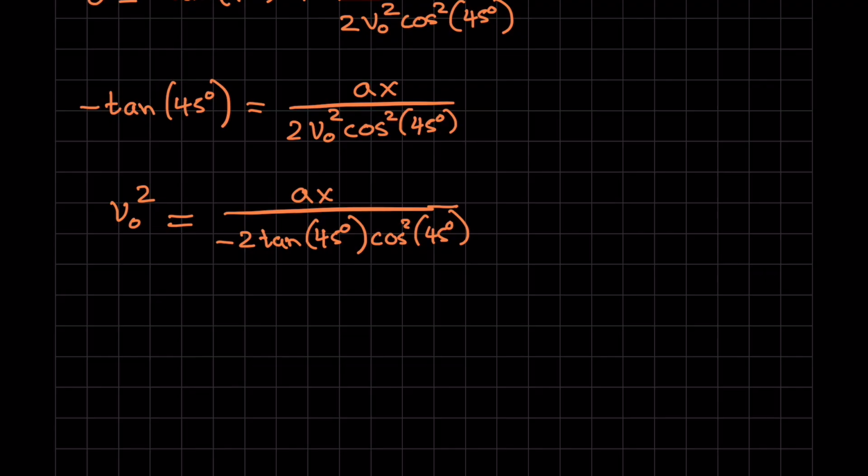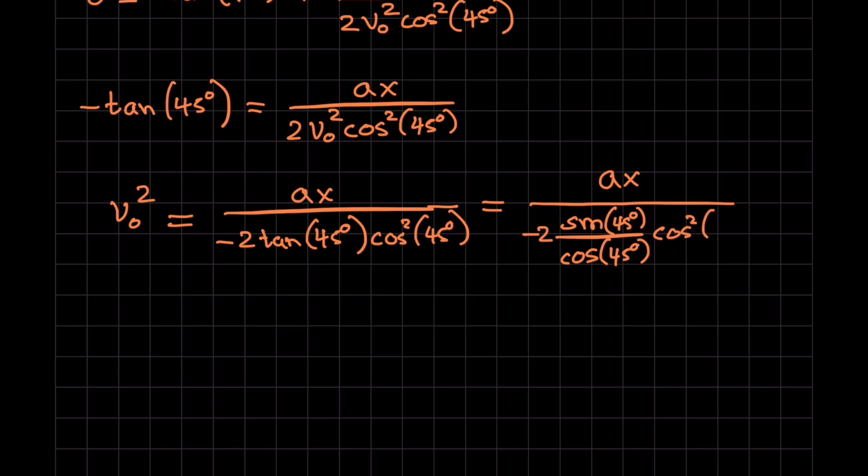Now, when I see that, I know tangent is sine divided by cosine. So just to simplify, what I'm going to do is put sines and cosines back there, right? So this is equal to ax divided by minus 2 sine of 45 degrees divided by cosine of 45 degrees, right? Just rewriting the tangent. And then I have a cosine squared of 45 degrees. All I'm trying to do is clean this up and get it to the simplest form I can.